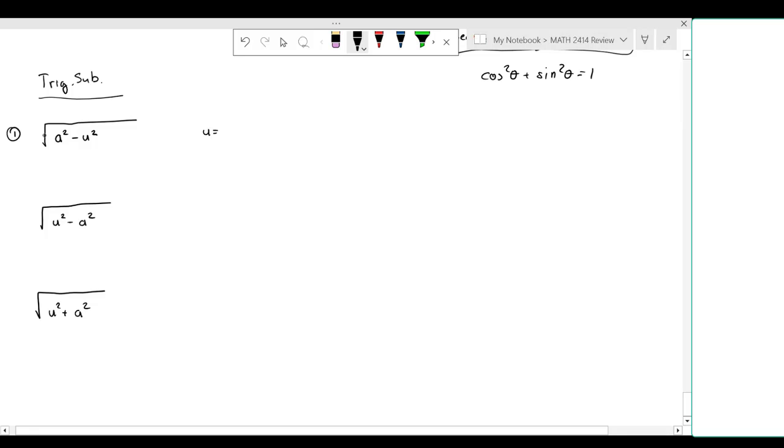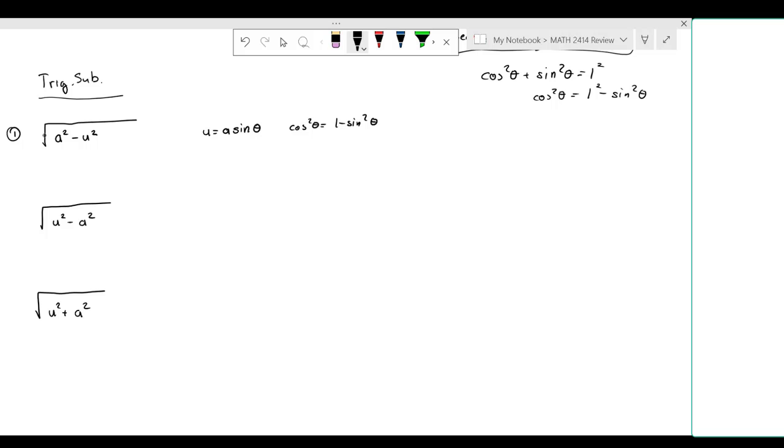Starting with the Pythagorean trig identity, this reminds me of some constant squared minus sine squared. So we should let u equal a times sine theta. Then we take advantage of the Pythagorean trig identity. This will allow us to replace a squared minus u squared with a squared cosine squared.